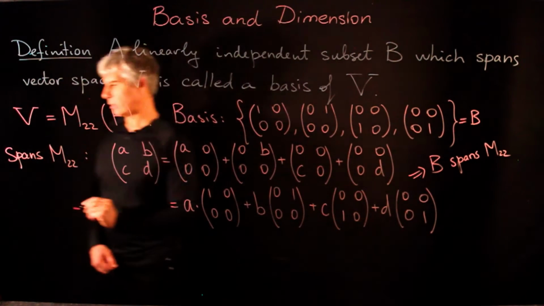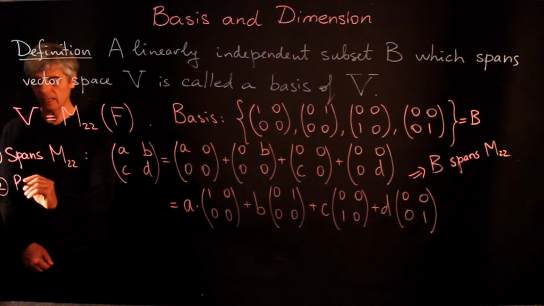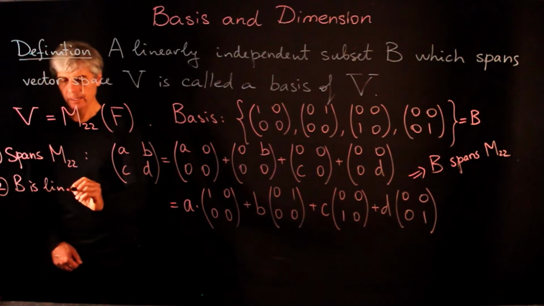The second property that we need is to show that B is linearly independent.